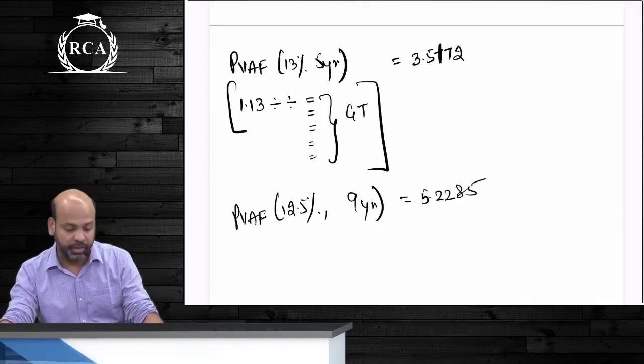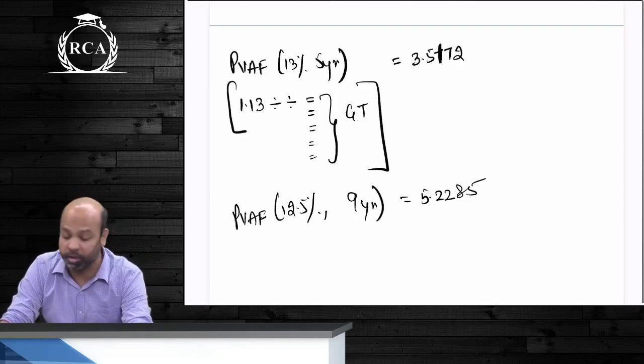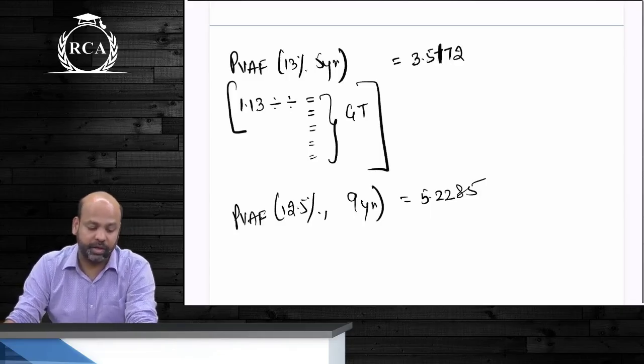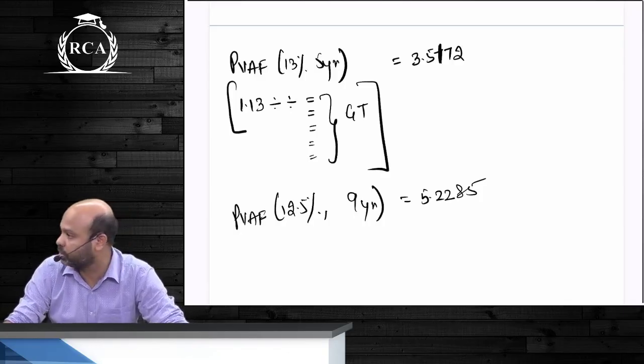Again, the same interpretation: if you deposit 5.2285 today, we are going to receive 1 rupee at the end of every year for the next 9 years at an interest rate of 12.5%. Are we all clear about this? Done by everyone up to here?